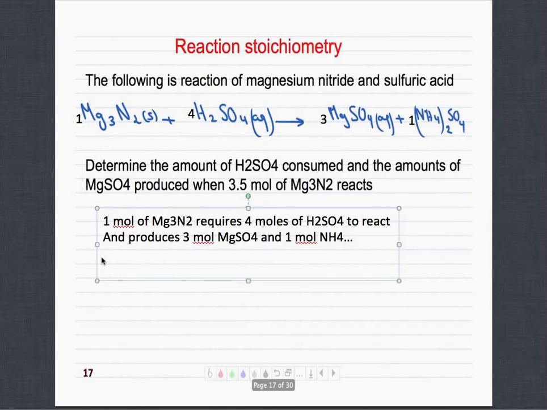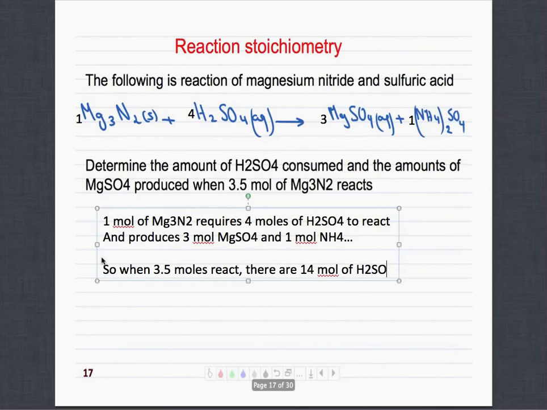First of all, what do those numbers, the stoichiometric coefficients 1 and 4, mean in this equation? It means that for each 1 mole of magnesium nitride, I need 4 moles of H2SO4. Now it's asking, if you have 3.5 moles of magnesium nitride reacted, how much H2SO4 reacts?